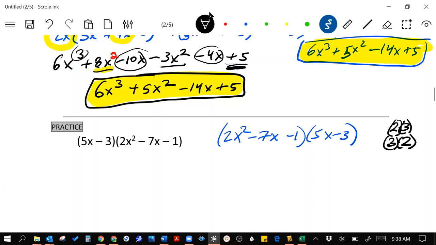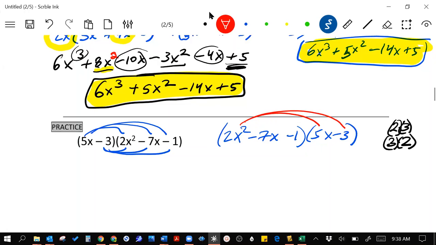So what this means is I can do the 5x times 2x squared times the negative 7x times the negative 1, this times that, that times that. Over here, I could also do that same thing. I could do this times this, and then this one times this one.